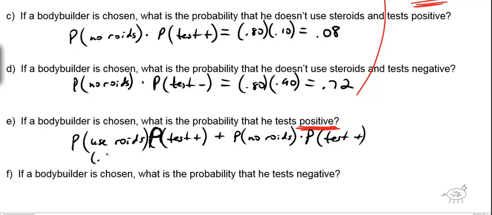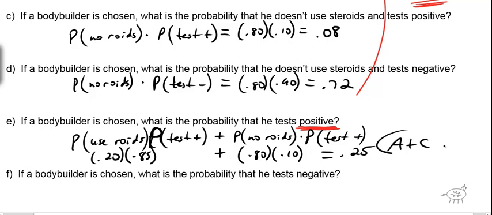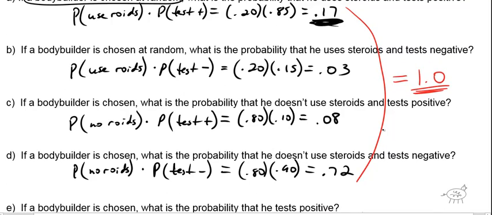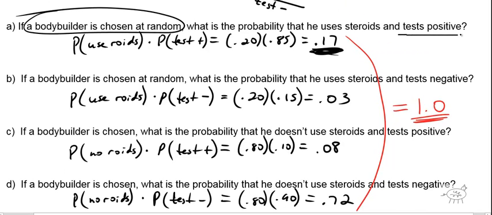So it's going to be 0.2 times 0.85 plus 0.80 times 0.10. And you put it all together and you get 0.25. So basically what I did here, math fans, is this is A plus C from this couple examples ago. Okay, that's all it is. Because A and C, if I go back here, A is probability of using steroids and test positive, and C is it doesn't use steroids and test positive. Okay.